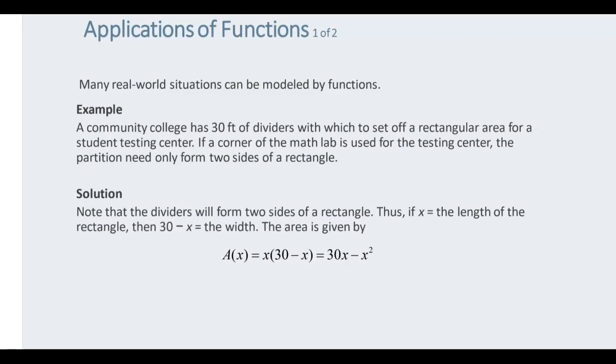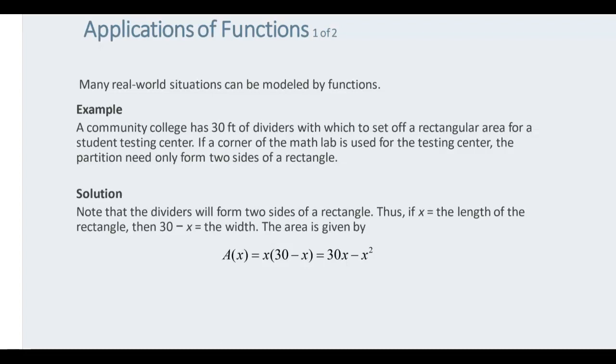Here's an application problem. This is an example of a community college that has dividers, like panels that you could move around to block off a certain area where you wanted to have a testing center. It says that they have a total of 30 feet and they want to make a rectangle with each of these.